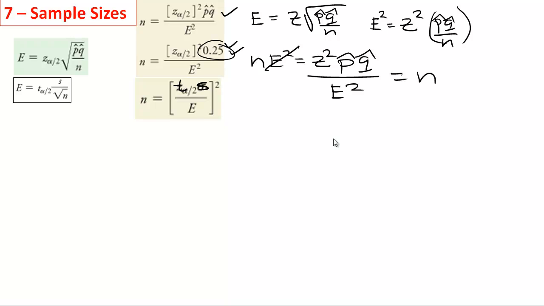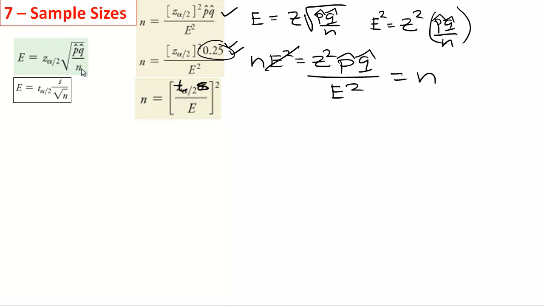So remember, with these types of questions, we're trying to figure out the minimum sample size, right? How big does our sample have to be to keep our margin of error within a certain amount? If you look at these formulas from their original standpoint, we're trying to keep E at, let's say, 2% or smaller.